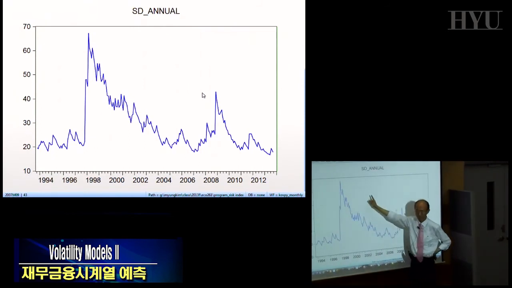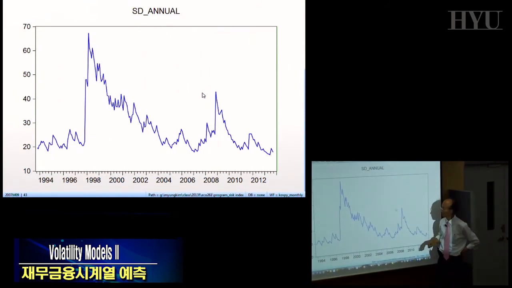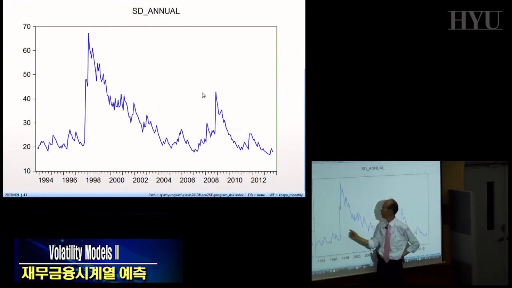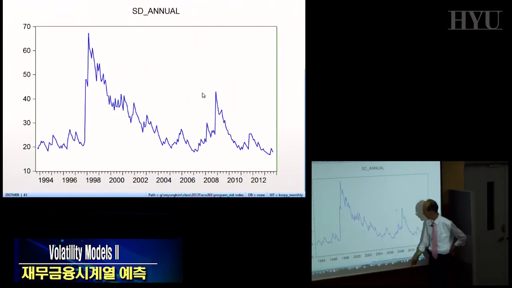Right? Mainly, probably, this is due to an external factor, not an internal one. Right? And then it quickly settled down. Right? And then later here.